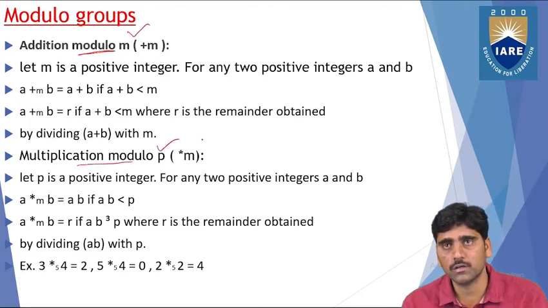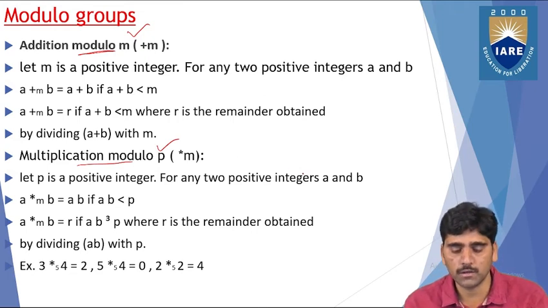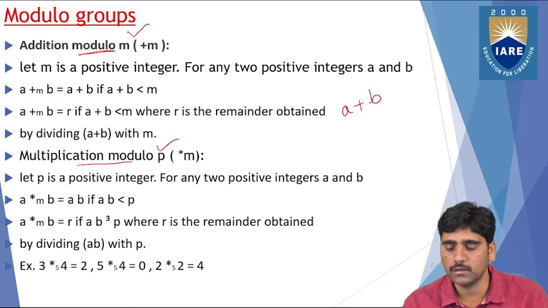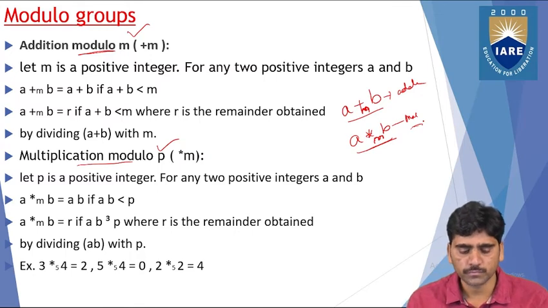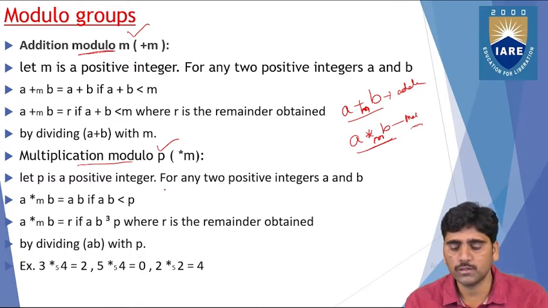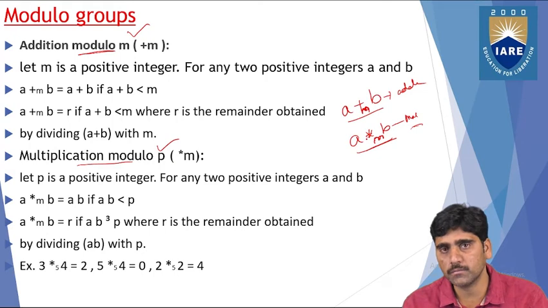Addition modulo is indicated like a plus b with a modulo, and similarly a star b is the multiplication modulo. We'll see how these two, addition modulo and multiplication modulo, work.